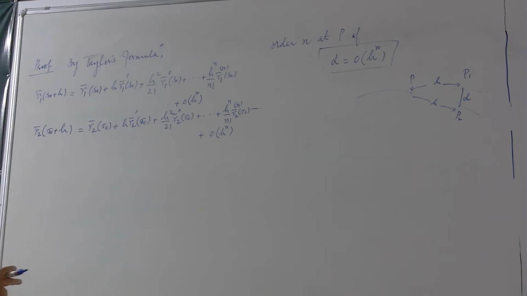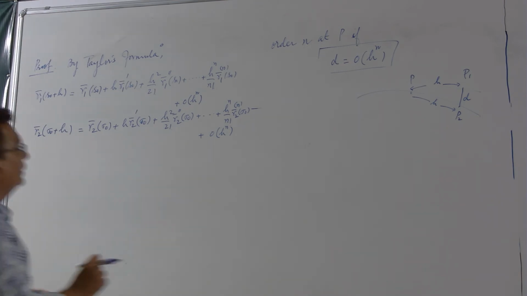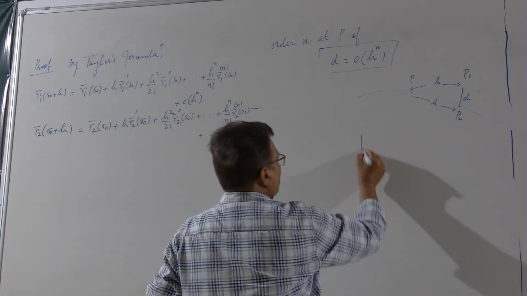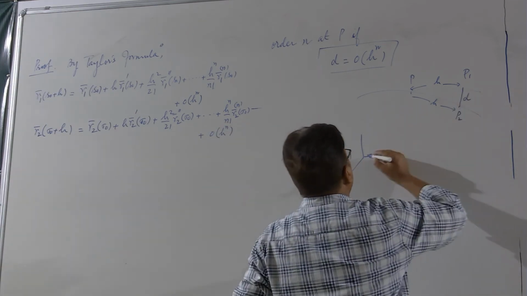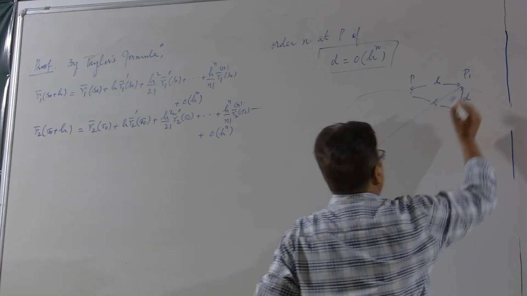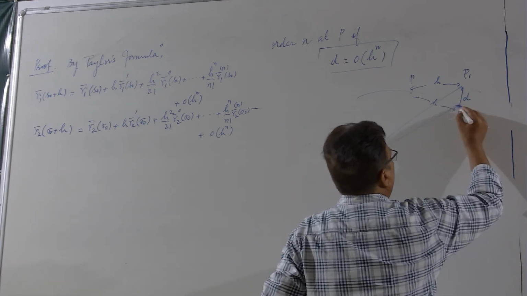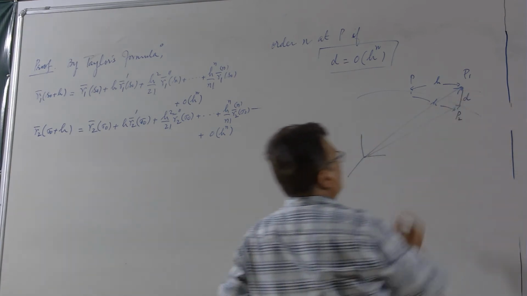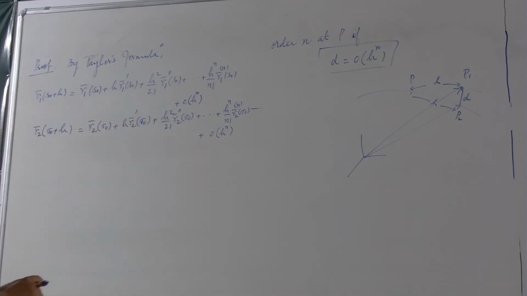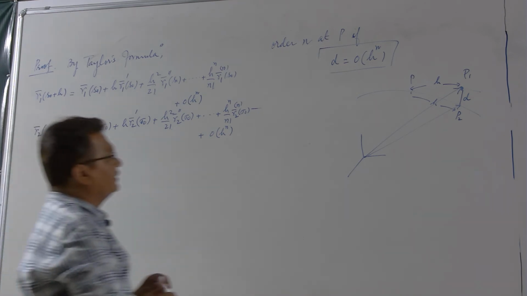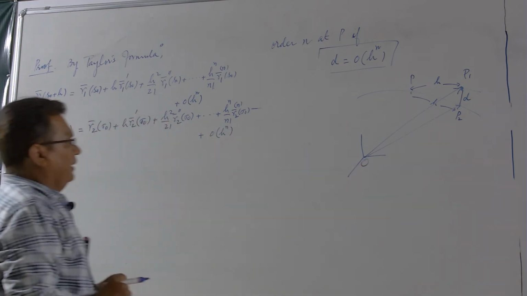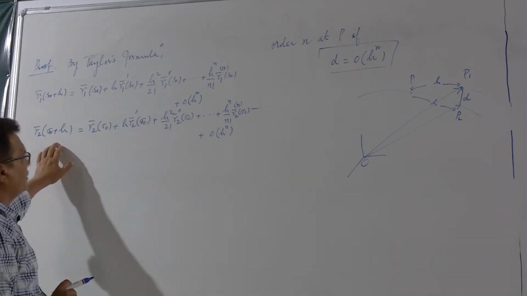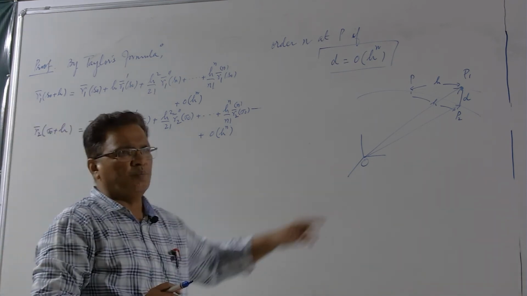Since all these things are happening inside R3, if I join the point P with the origin, then it will become the position vectors OP1 and OP2. So, r1(s0 + h) is actually OP1. Similarly, r2(sigma0 + h) is OP2.